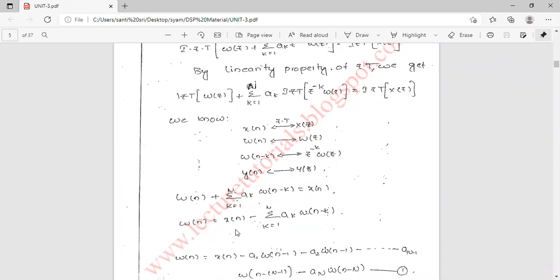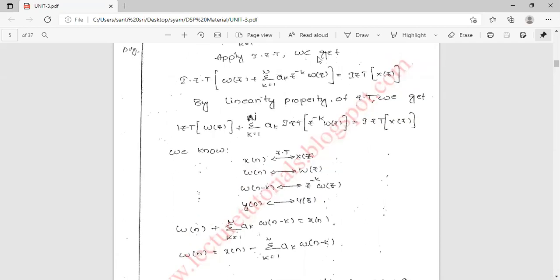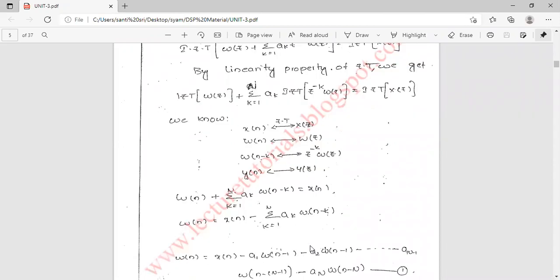Okay, so this is w of n plus sigma k equal to 1 to n a k into z power minus k into W of z, which can be written as a k into w of n minus k, equal to x of n, or w of n is equal to x of n minus sigma k equal to 1 to n a k into w of n minus k.